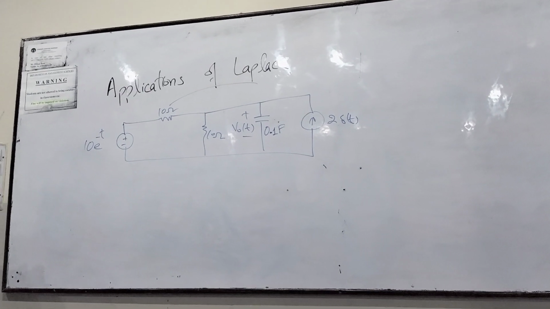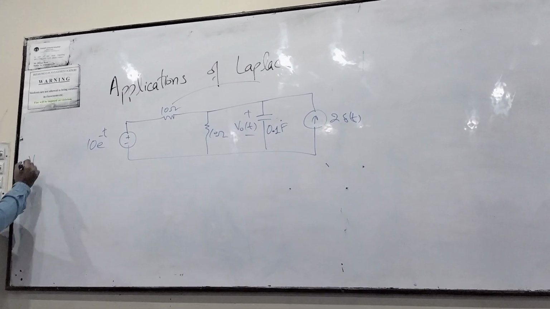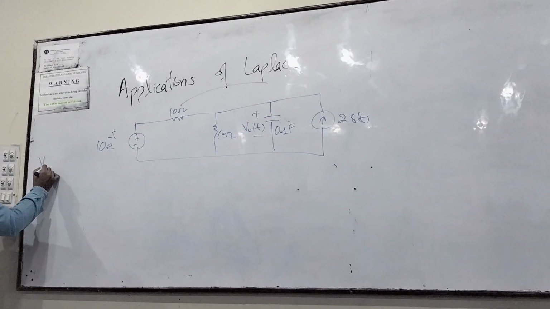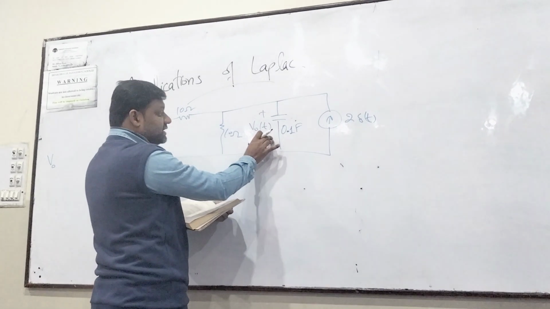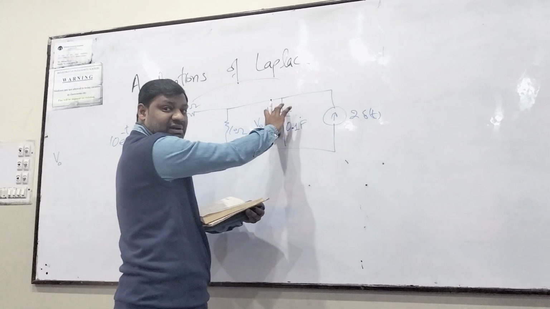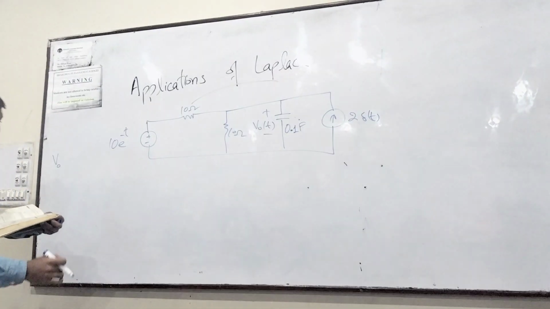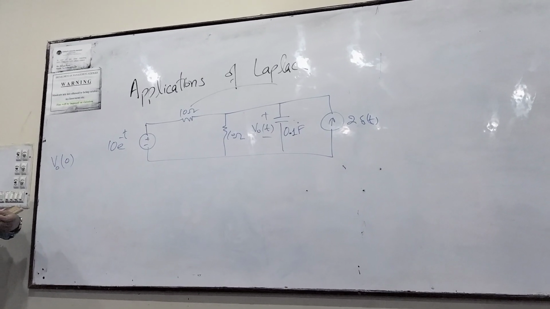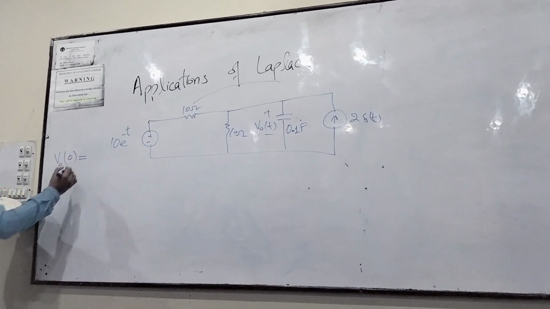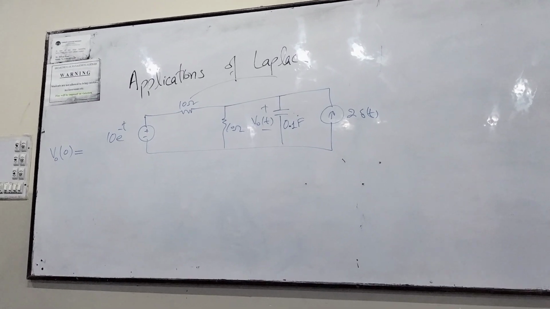Assume V naught of 0, the voltage across this capacitor at time t equals 0, the initial value, is not equal to 0 this time.